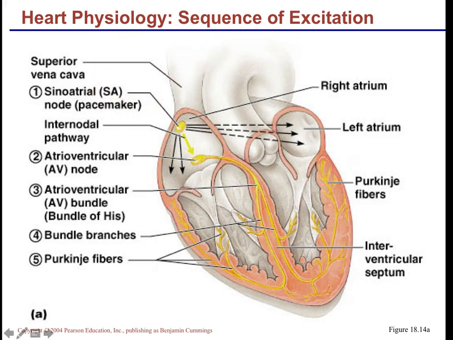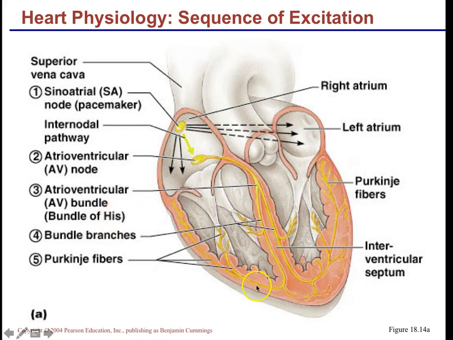So when they fire, you're going to have the atria contract first, but then that is going to be picked up by a second pacemaker, this atrioventricular node right here, and that is going to be more complicated in that the AV node is going to have the electricity go down the septum, which separates the right and left side of the heart, into your bundle of His, it's called.